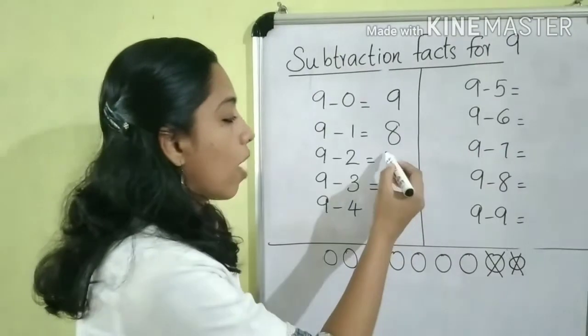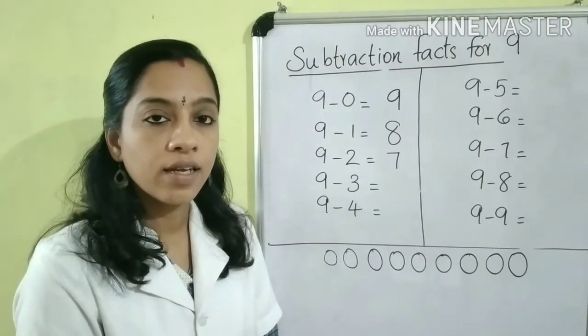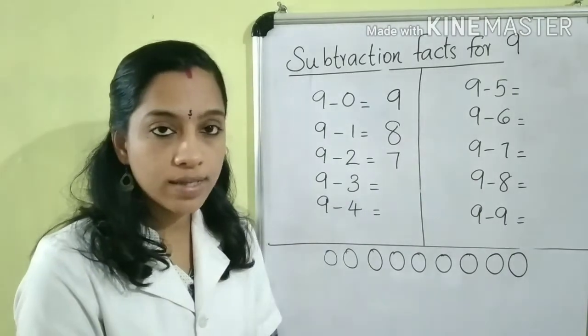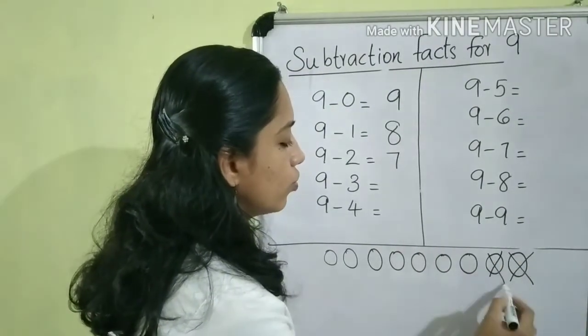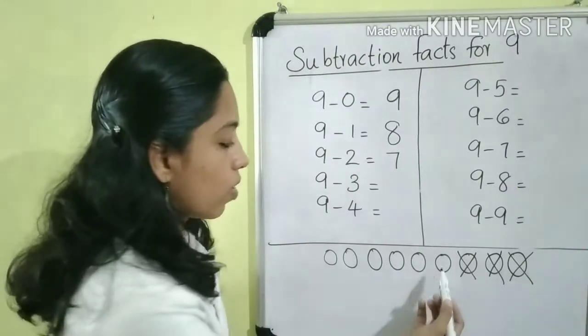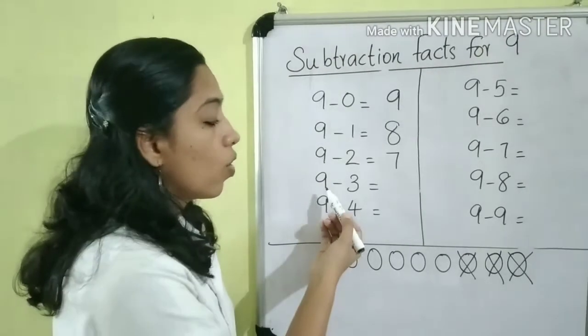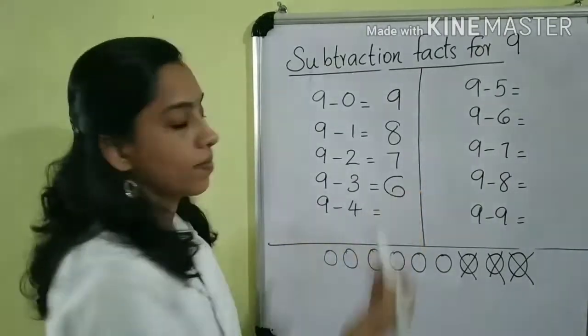So our answer is 7. Then we have to find out 9 minus 3. So we can cross out 3 circles. 1, 2, 3. Then count the remaining circles. 1, 2, 3, 4, 5, 6. So 9 minus 3 is equal to 6.